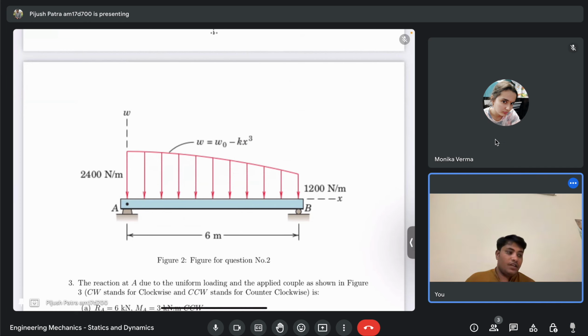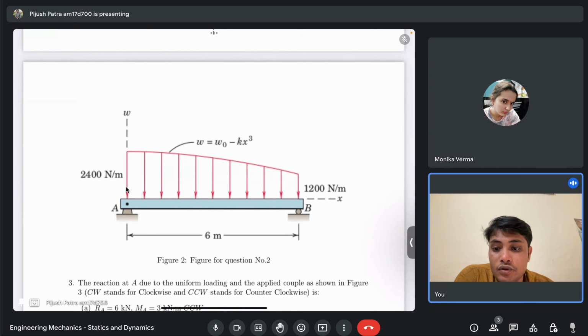So I'll explain with the solution itself. It's a non-uniformly distributed load, as you can see, right? Because it's following a function where W equals W0 minus Kx cubed.